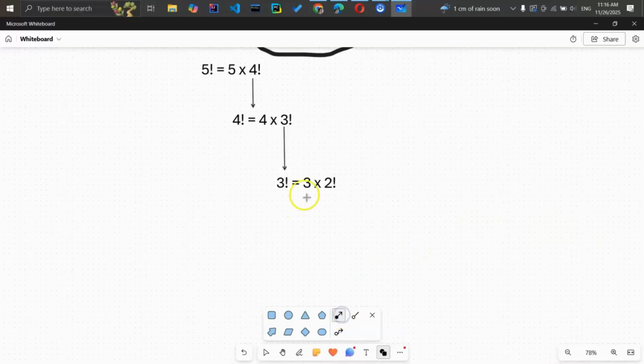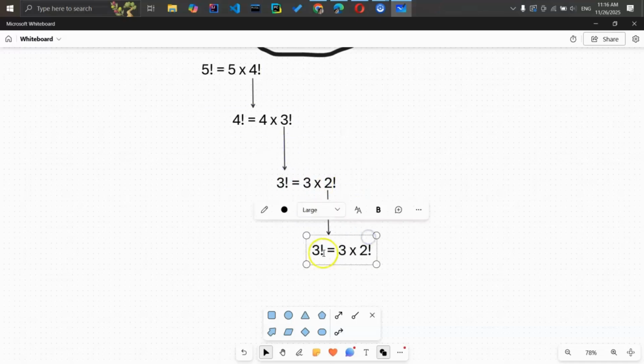Again, you can represent factorial 2 like this.